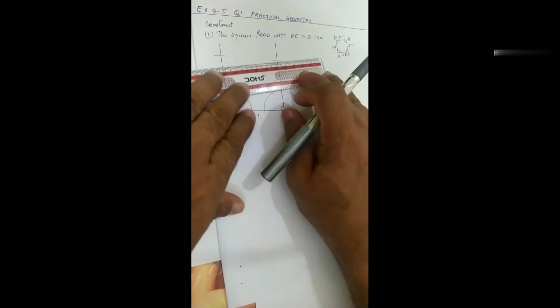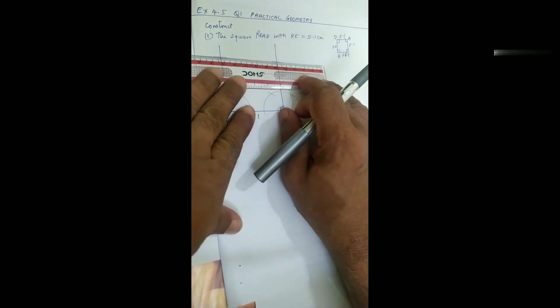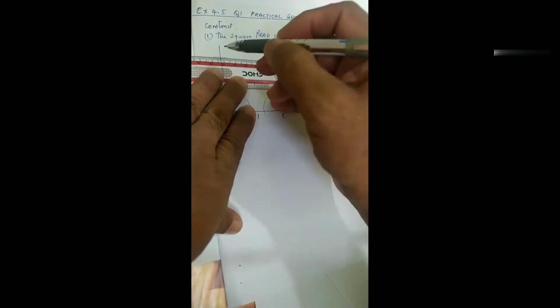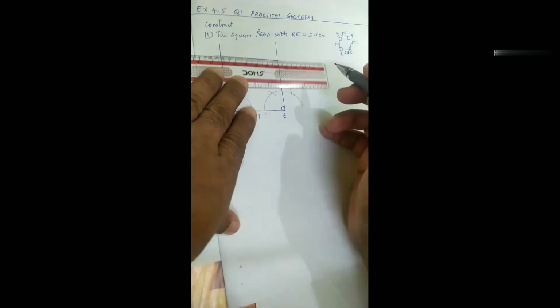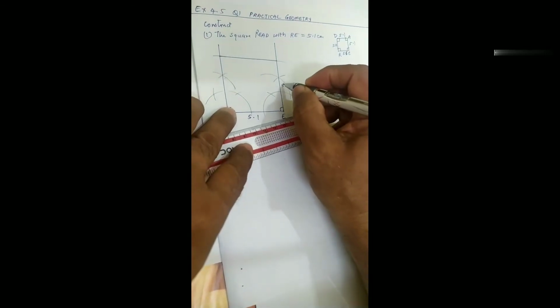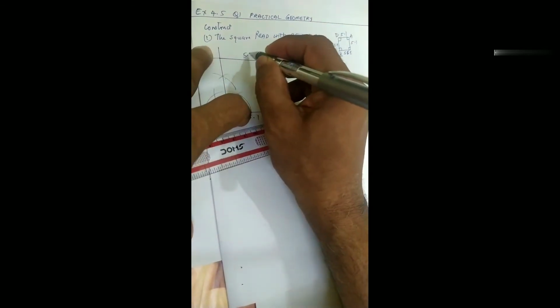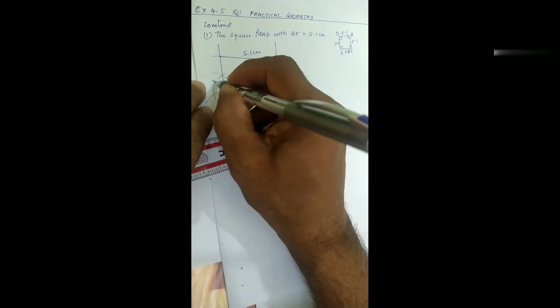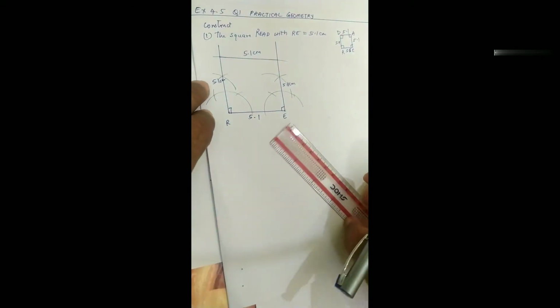So this is the required square. This is 5.1 centimeters, 5.1 centimeters and this is 5.1 centimeters. So this is the required construction.